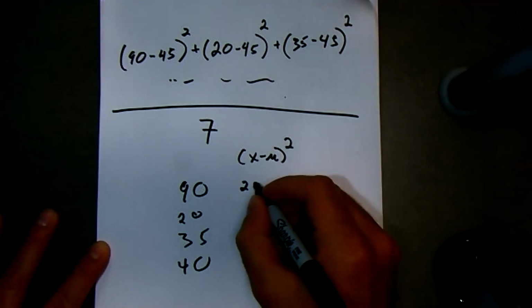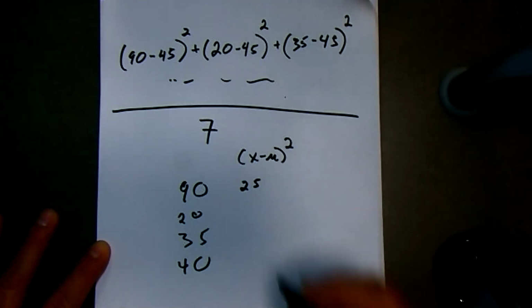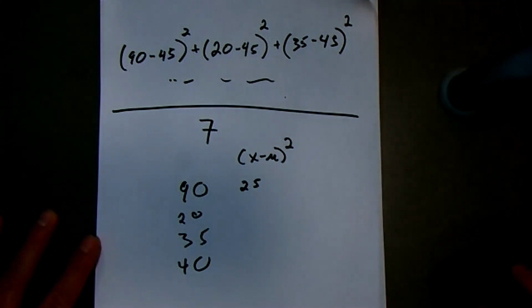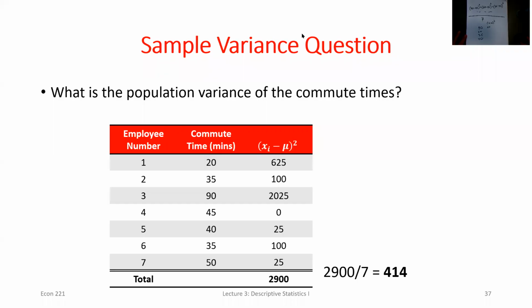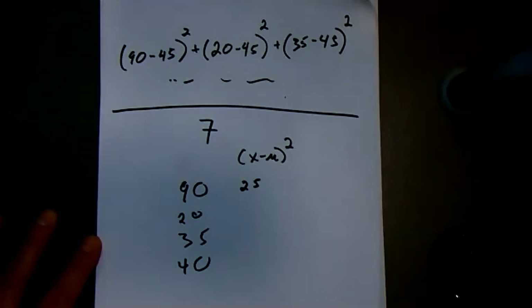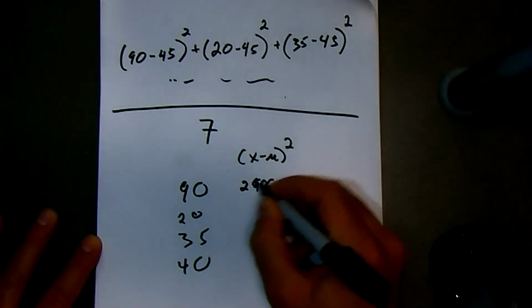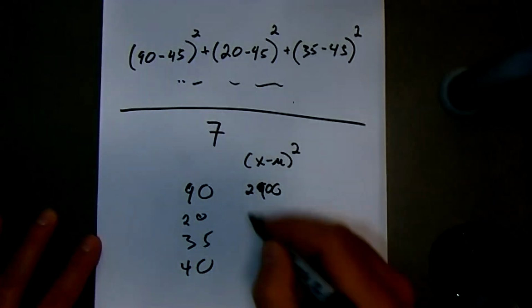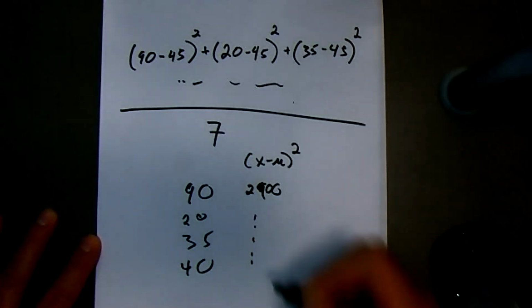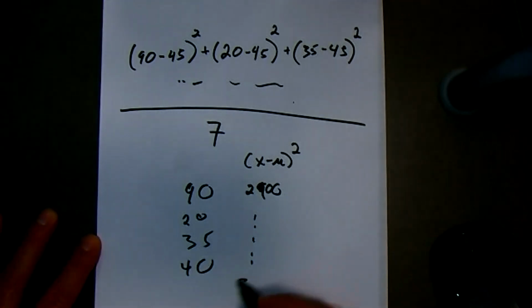What's that? Is it 2,500? Yeah, I had it here. There. Okay. Can't do that math in my head quick. Right, and I would go through and do that for every single observation.